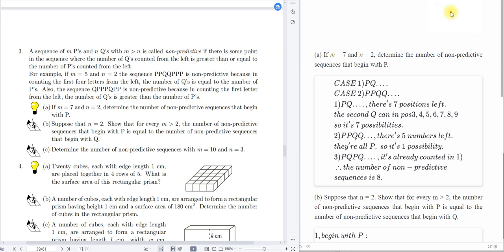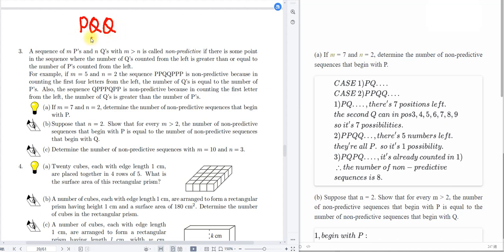Okay, did you get the definition of non-predictive? For example, I'm a gambler and I'll bet every time on P. For instance, I gamble P and I win, and then Q I lose, and I get another Q I lose.